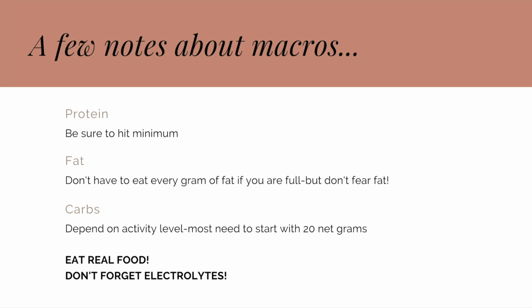And we're going to be calculating 0.8 grams of protein per pound of lean body mass.